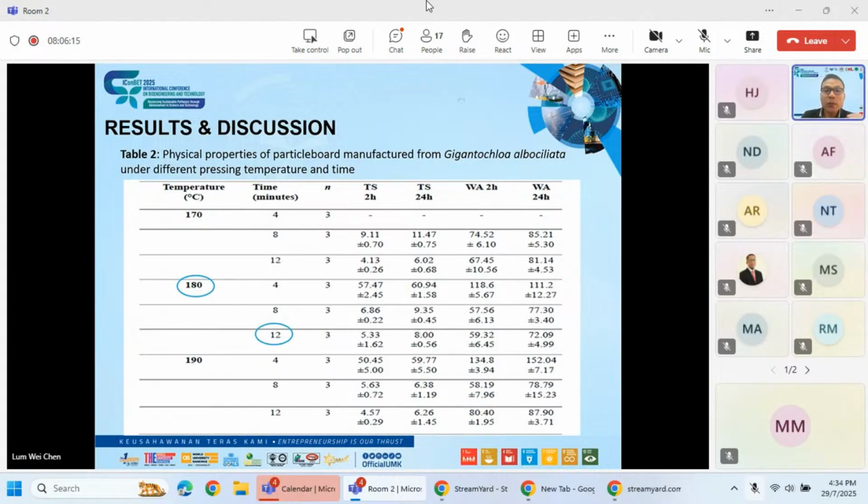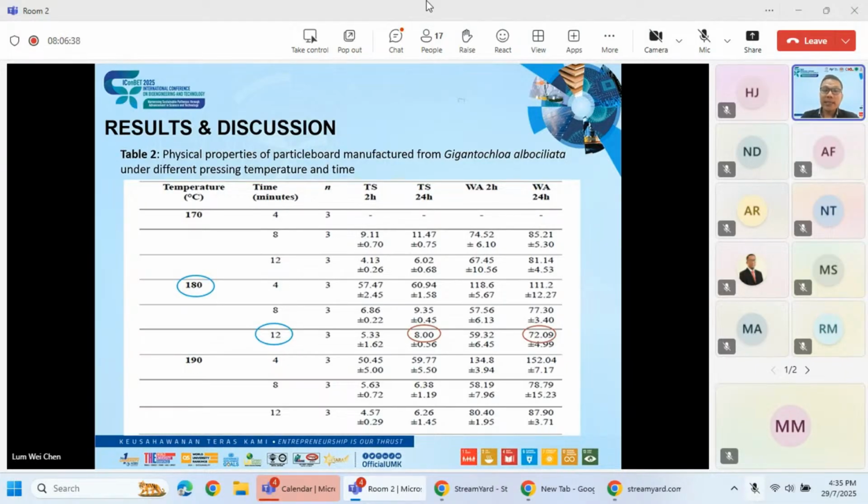Okay, so you have to remember in this case, there are two properties we need to achieve. We need to produce a board which is dimensionally stable, meaning the thickness swelling of the board must be below 12%, and the mechanical properties of the board, the MOR, need to be 13 and above.